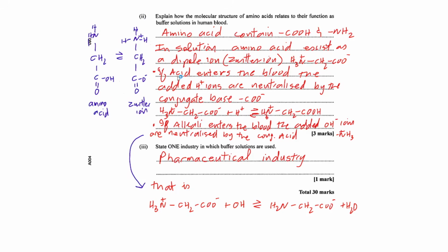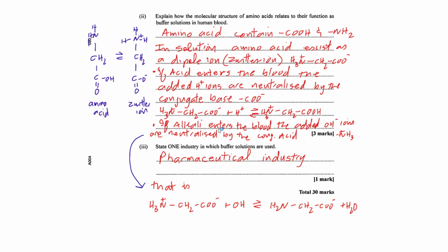So if you add acid to our blood, then the H plus ions are neutralized by the conjugate base. And so if you look at the equation, you see that this part is a part that will counteract the increase in the H plus ions in the blood, forming this section which forms back the acid that was already there, leaving our pH constant.